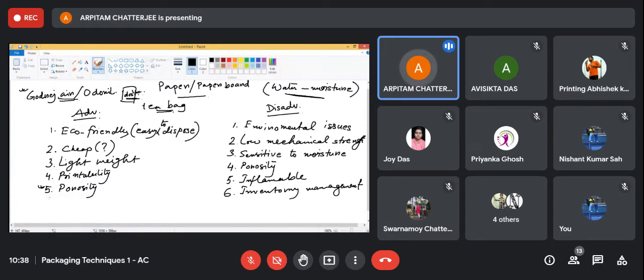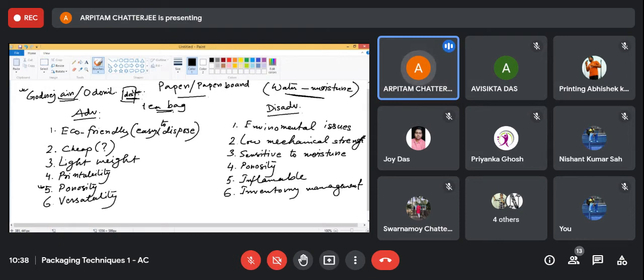But at the same point of time, paper is having a high degree of versatility. Versatility in the sense that you can create different kinds of shapes, designs, and even wrapping, because paper is a flexible thing that you can fold into different shapes.